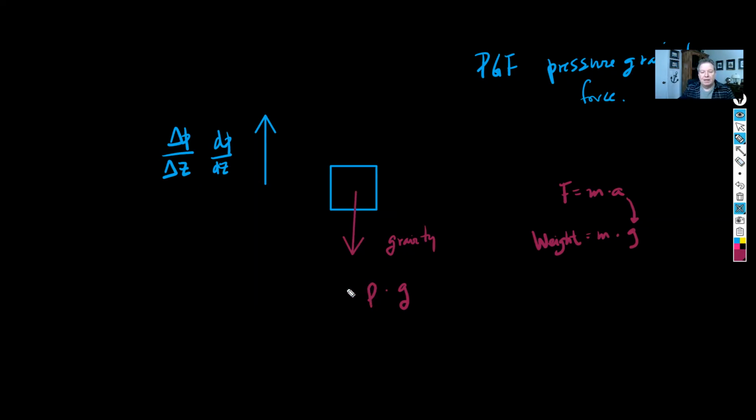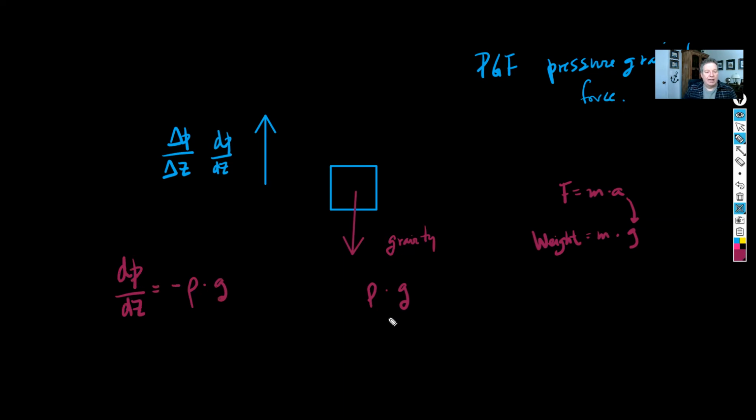So gravity is going down, pressure gradient force, air wants to go up. They're going in opposite directions. So the way that we normally would write this equation is dp dz is equal to negative rho times g.